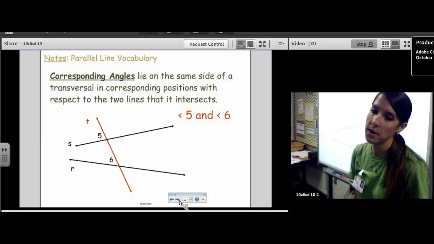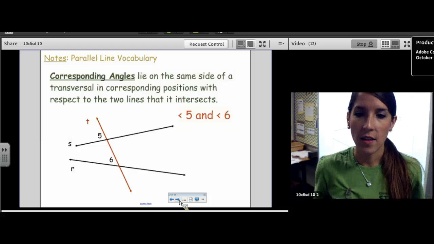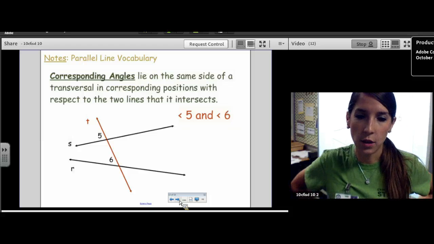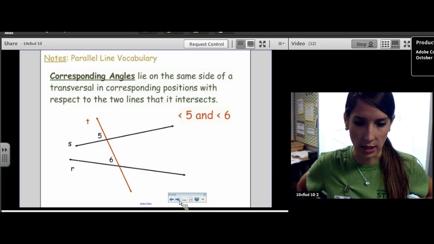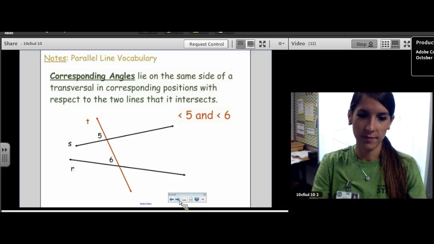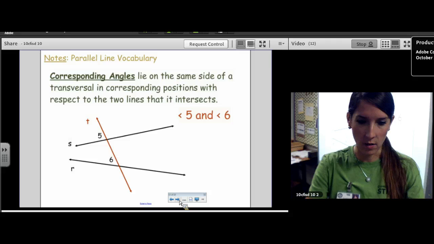So that's the next one on your sheet. They lie on the same side of the transversal in corresponding positions. Angle 5 and angle 6 are called corresponding angles.